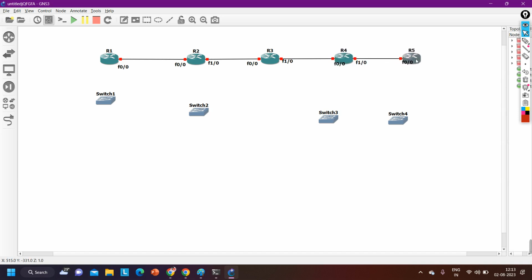Okay, I made some mistake here. Let me use serial links between routers.